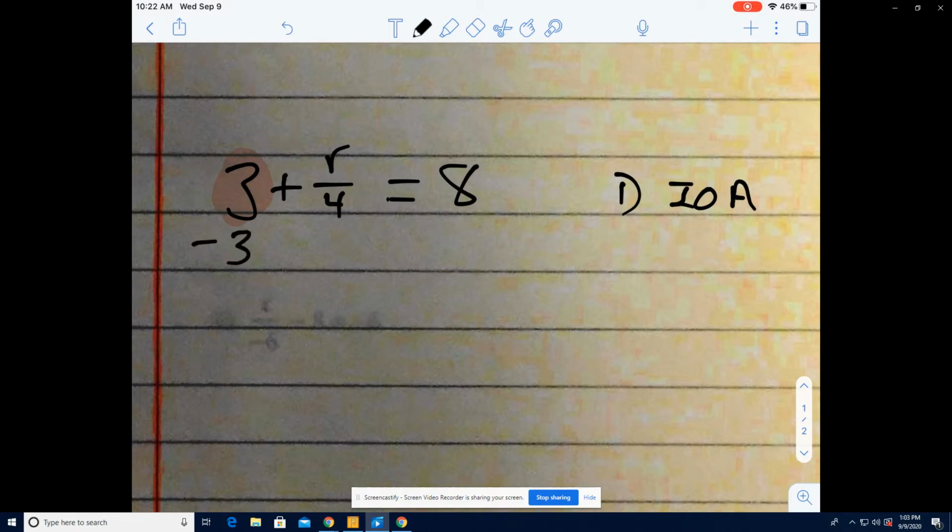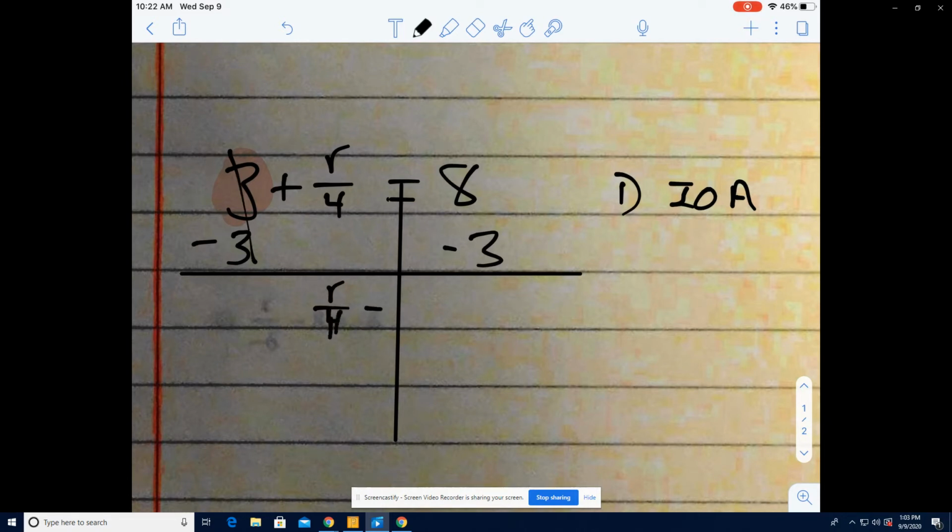So -3, -3, both sides of the equal sign. The 3's cancel. R over 4 drops down. The equal sign drops down, not negative. 8 minus 3 is 5.